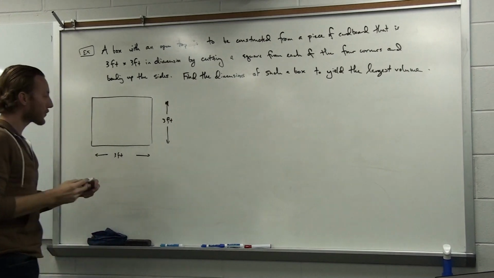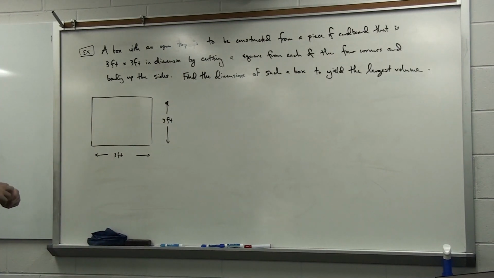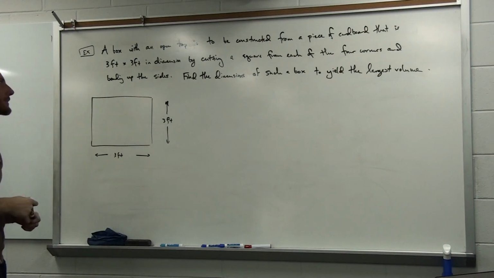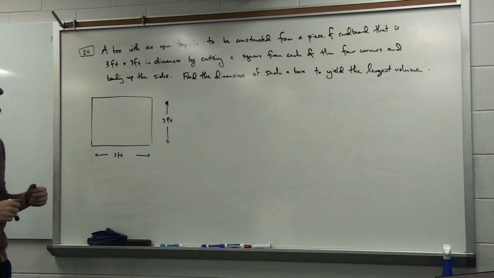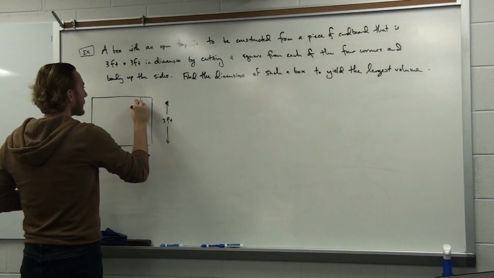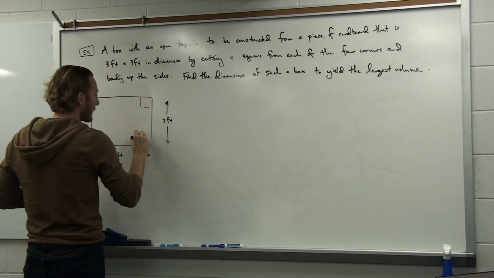And now we're going to construct a box from this piece of cardboard, specifically an open top box, by cutting a square from each of the 4 corners and bending up the sides. So imagine this. Imagine from each of the 4 corners, you cut out a square.